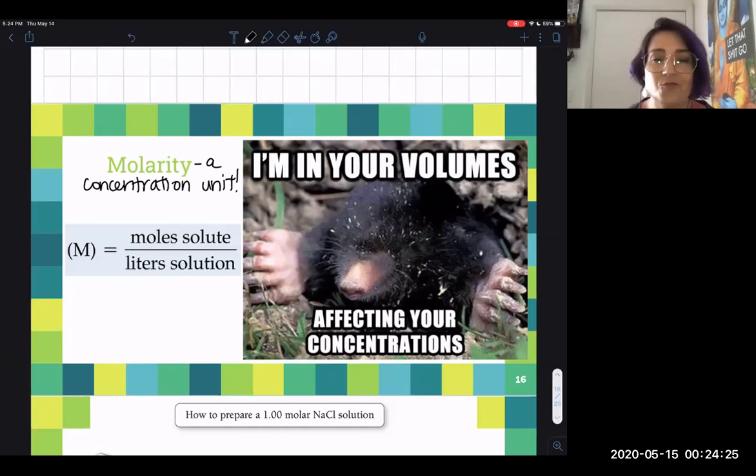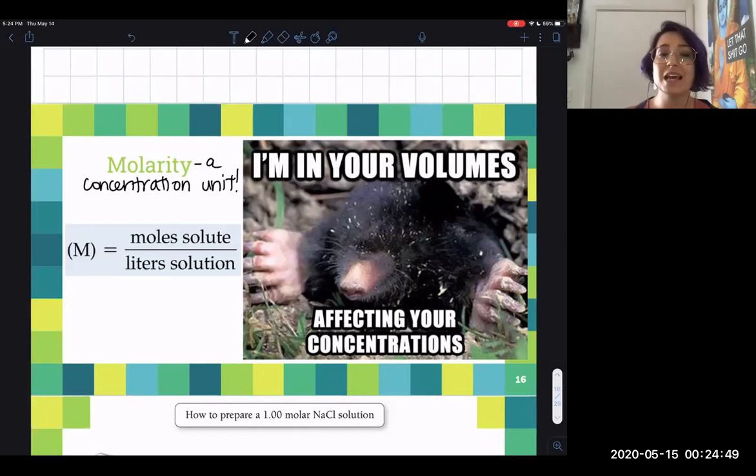Molarity is very similar to density, except instead of grams, we're using moles. Molarity is moles per liter. Moles of solute over liters of solution. So moles are a way that we can tell amount of stuff in the solution. And that's what concentration is.